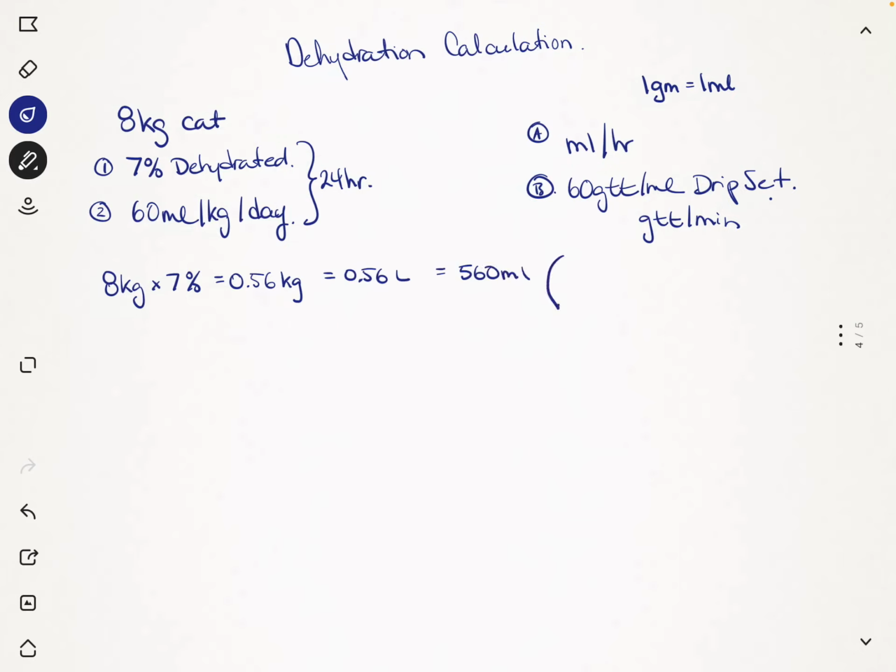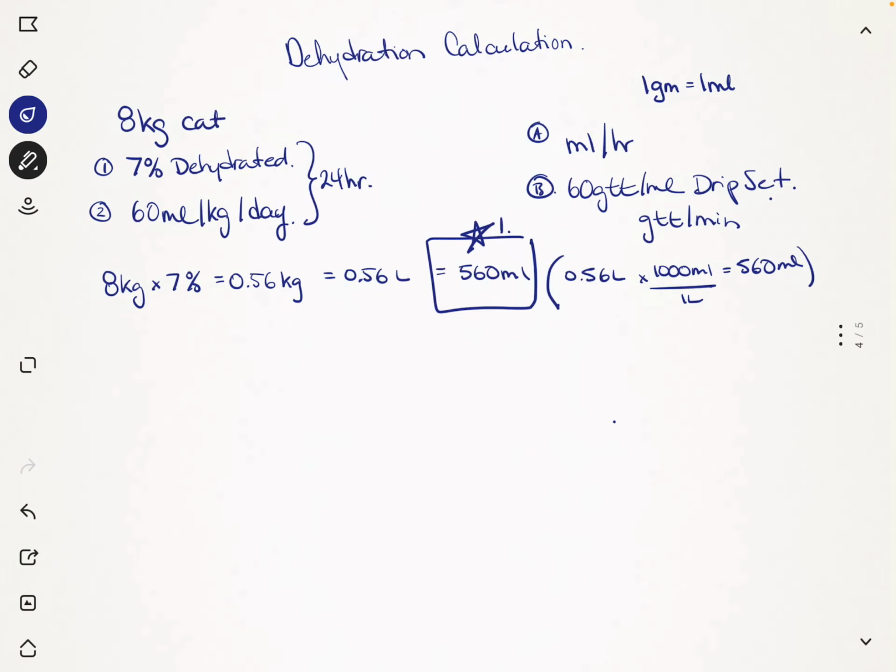And how did I do that? I went 0.56 liters times 1,000 mils is 1 liter, okay, which equals 560 mils. So that's part 1 of our fluid to be replaced. Okay, so let's put that here.